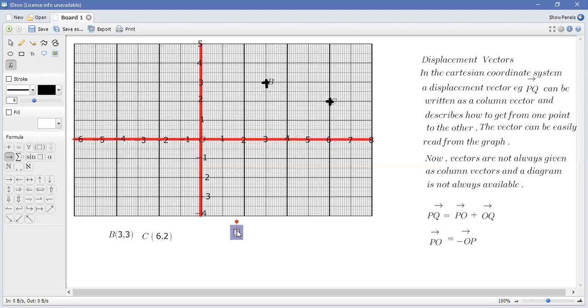Oh, B with the arrow over it. It's supposed to have the arrow over the B. Look on your notes. Look on the notes. I draw the graph. I have it. So, about the position vector, you tell me B by itself.